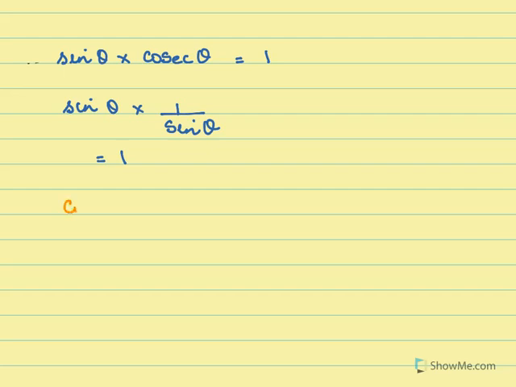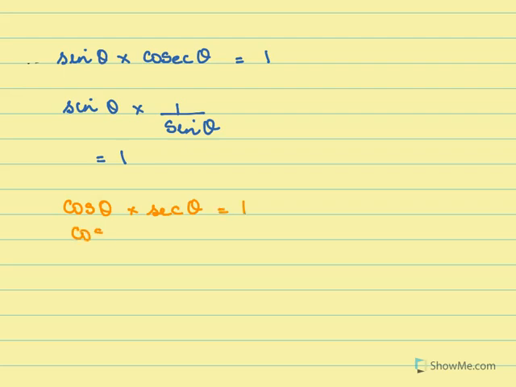So we've learned the reciprocals. Which means when you get sine theta into cosec theta, cosec is 1 by sine theta, and that always would be 1. So straight away when you have sine into cosec, you will put it as 1. Similarly, if you have cos theta into sec theta, they are reciprocals, and this will be 1.